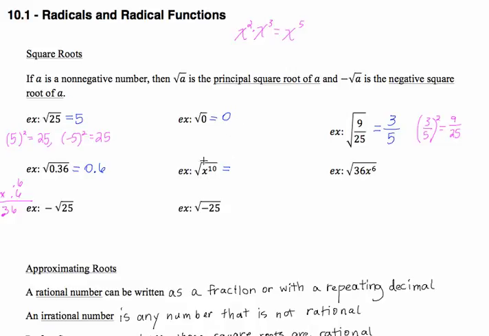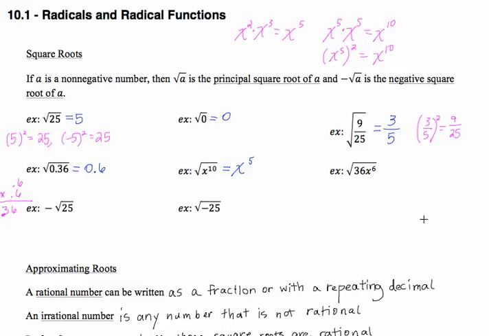So if you're trying to multiply something times itself and you want to end up with an exponent of 10, then you need two numbers that add to 10, and those two numbers have to be the same. So it must be x to the 5th, because x to the 5th times x to the 5th does equal x to the 10th. Another way of writing this is x to the 5th all squared equals x to the 10th. So the square root of x to the 10th would be x to the 5th.